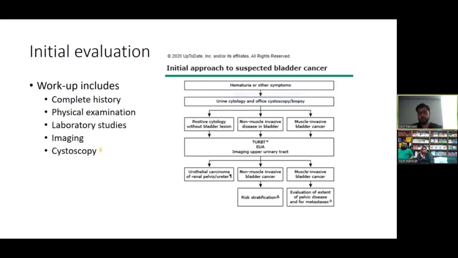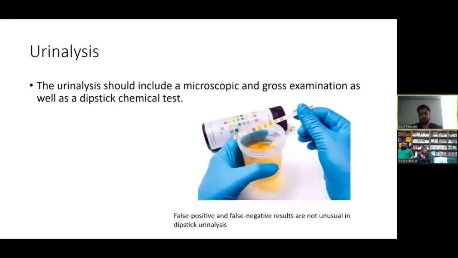Other laboratory studies include urinalysis and urine cytology, and imaging, which includes CTs, ultrasounds, MRIs, and in the end, cystoscopy, which really is the gold standard of diagnosing bladder cancer.